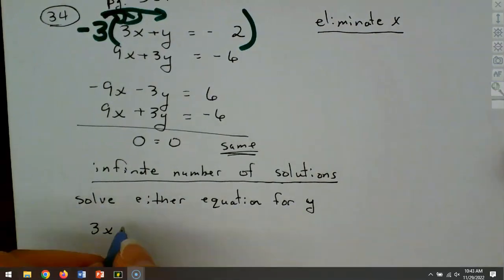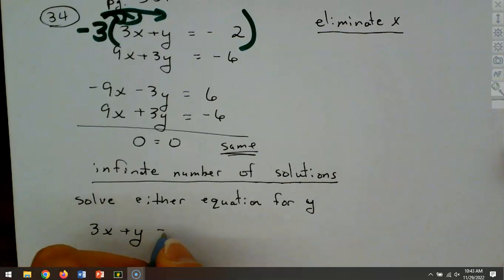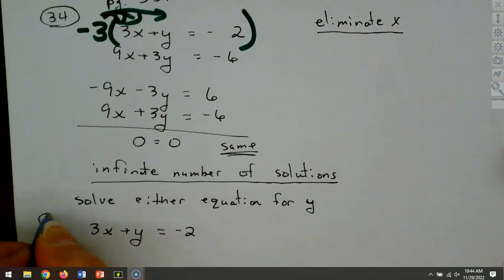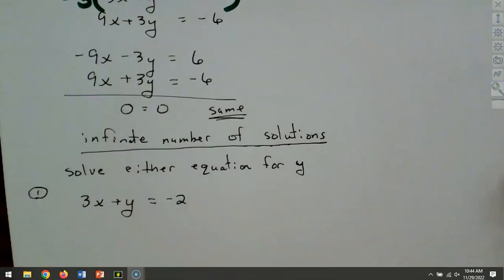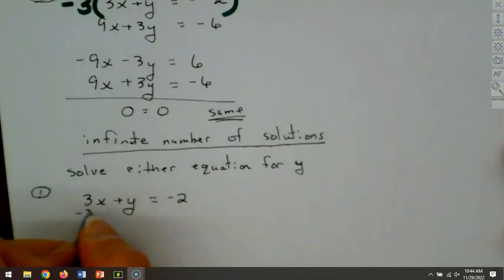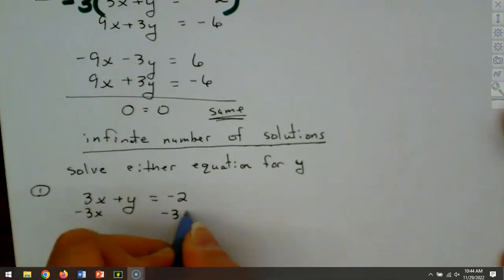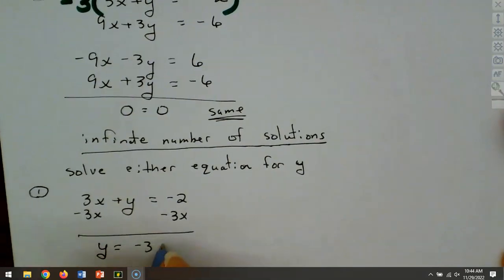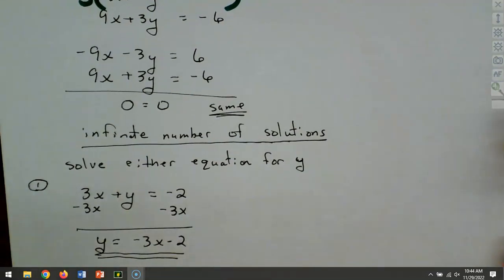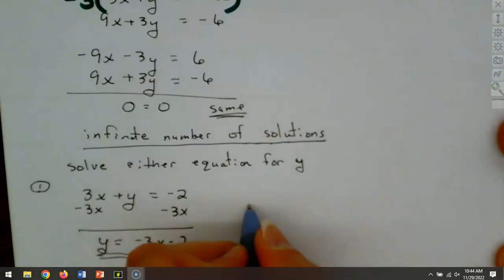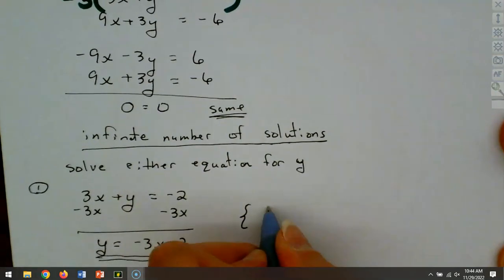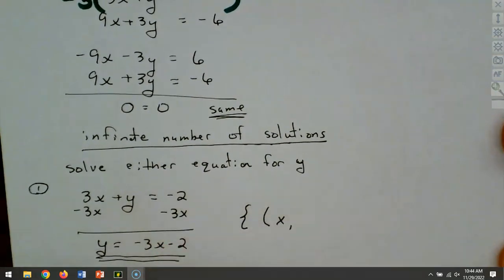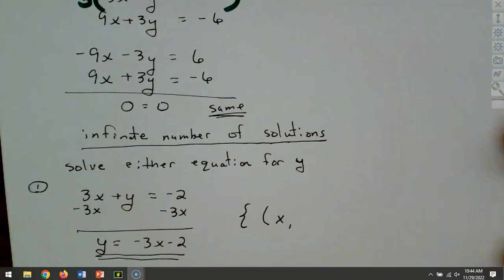So 3x plus y equals a negative 2. So this is our first equation. And we're going to solve it for y. It's very easy to do. We've got 3x over. And now we've got y equals minus 3x minus 2. And here's how we write our answer. I'm going to write just like our textbook writes it, the same way. We write our answer. It's a dependent equation, infinite number of solutions.